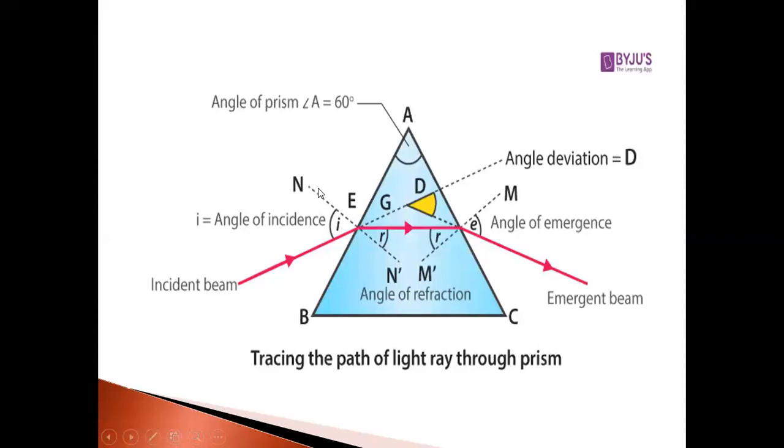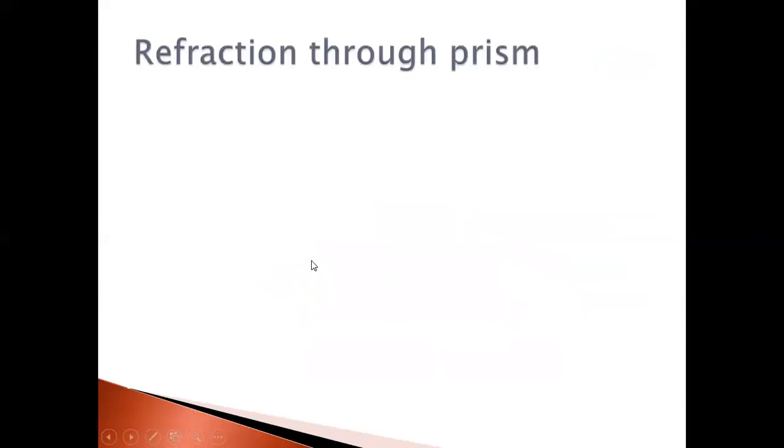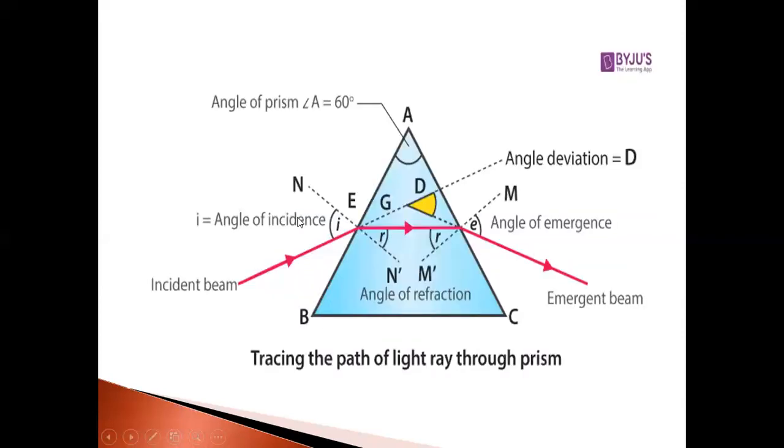The angle between this normal and this incident ray is called angle of incidence and it is represented by small i. i is equal to angle of incidence. What is angle of incidence? The angle between incident ray and normal is called angle of incidence.